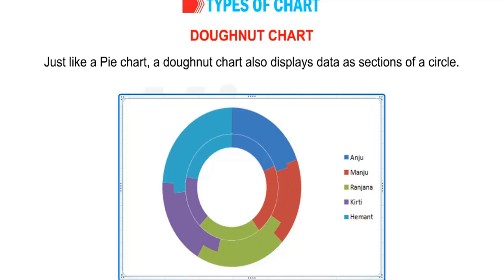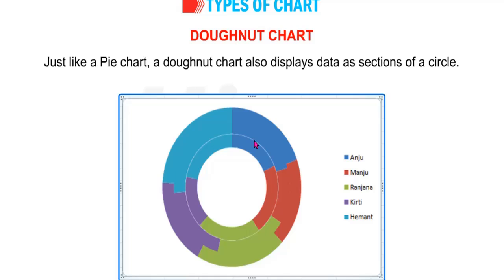Donut chart. Just like a pie chart, a donut chart also displays data as sections of a circle. See here, circle. However, it can have more than one data series. In the pie chart, there is one circle. Here, there are three circles, one inside another.